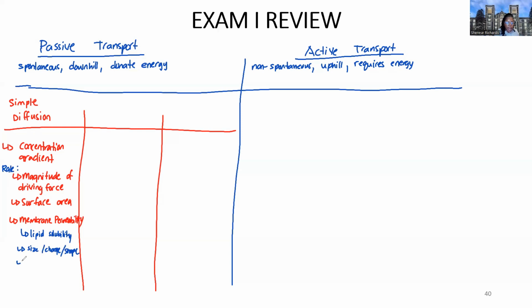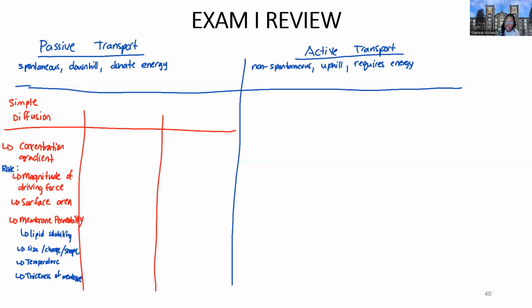And then we want to think about the temperature. Another one to think about is the thickness of the membrane. I apologize that got really small down here, but hopefully you can see. So the lipid solubility, the size, charge, and shape, and the temperature, as well as the thickness.